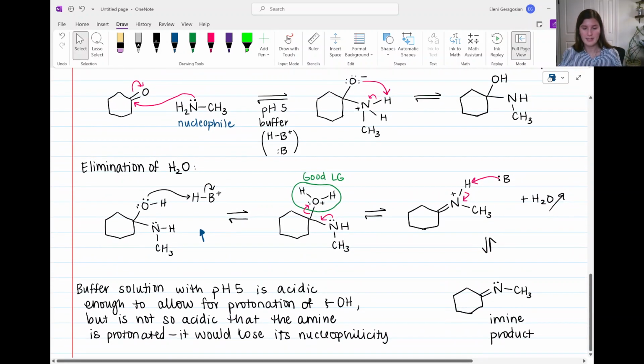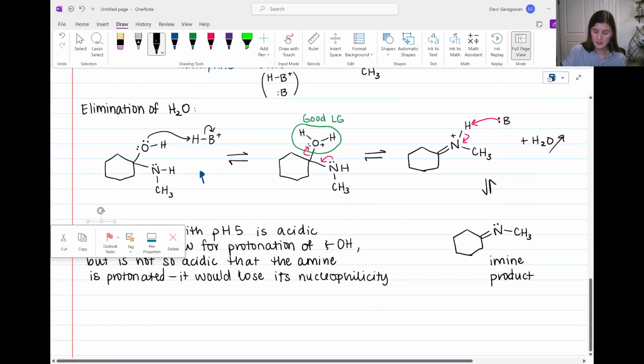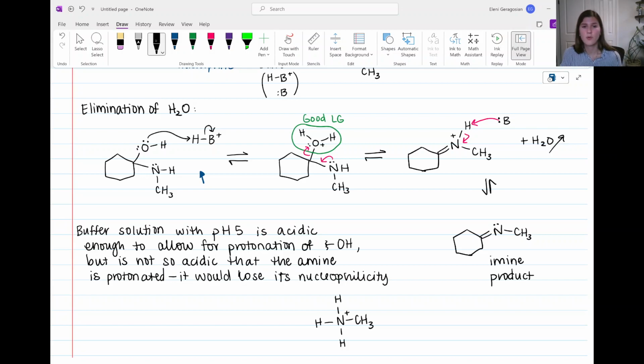So if our amine gets protonated, in this case we used methylamine, so if methylamine is protonated, that nitrogen gains a proton, then it has 4 bonds, a +1 charge. The nitrogen no longer has electrons that it can donate to create a bond to the carbonyl carbon.